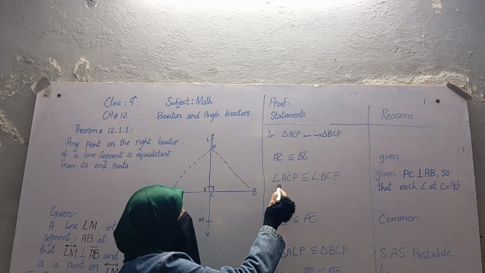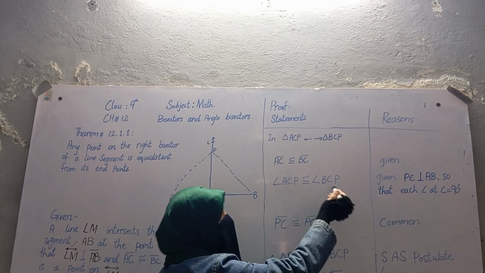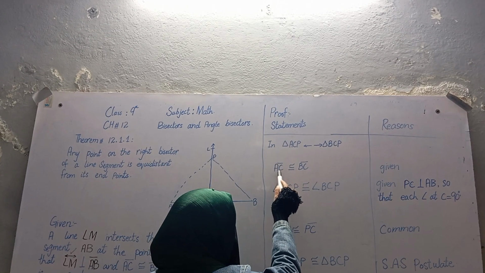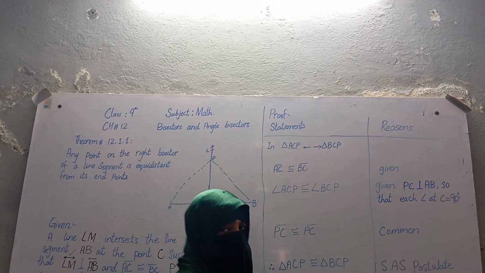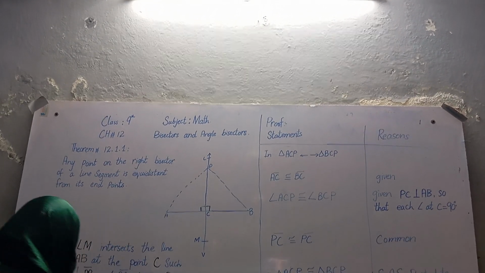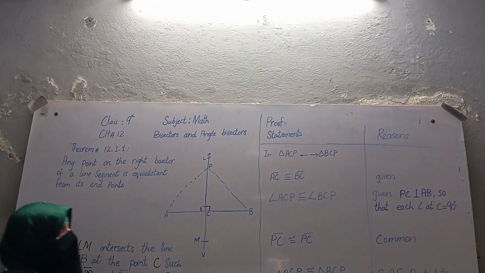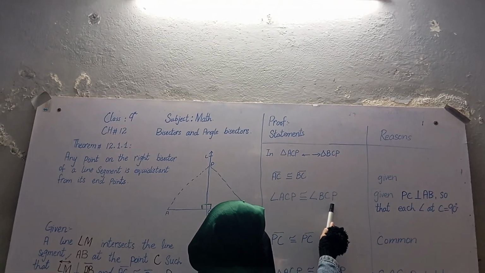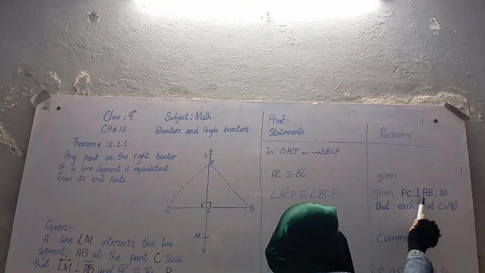You can see that angle ACP is congruent to angle BCP. And line segment AC congruent to line segment BC we see in the given, so we write it here in the given. So angle ACP is congruent to angle BCP, given PC perpendicular to AB.